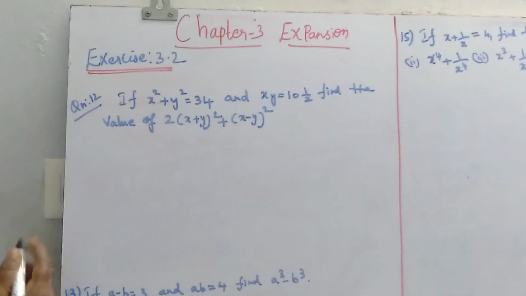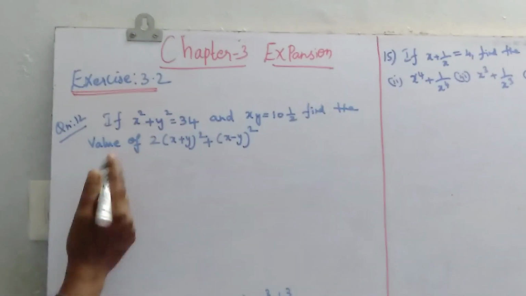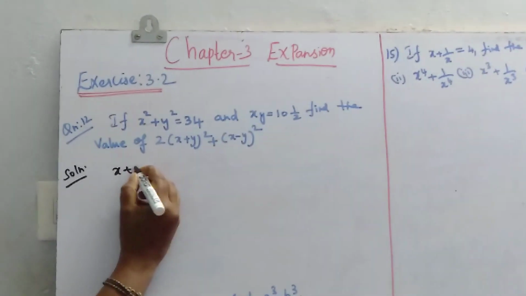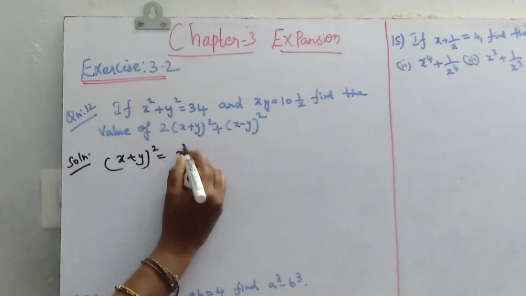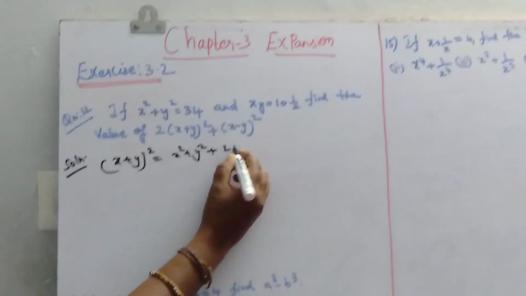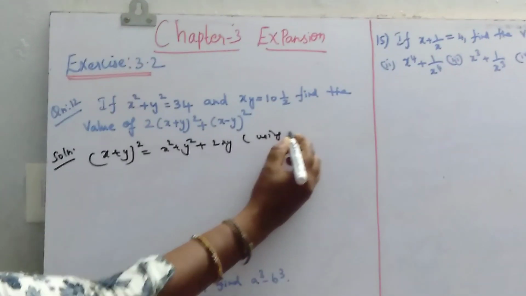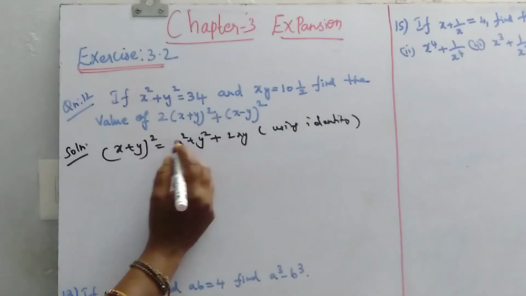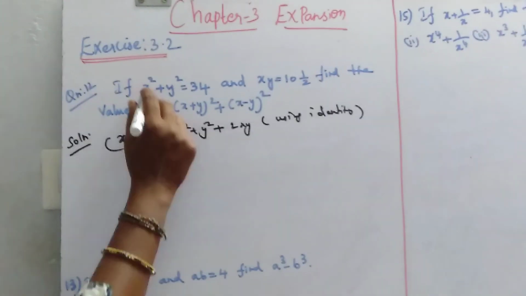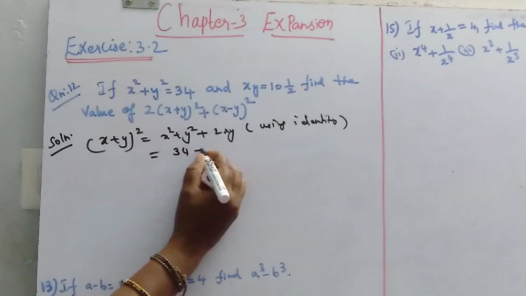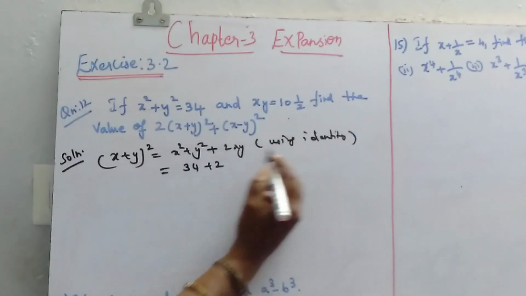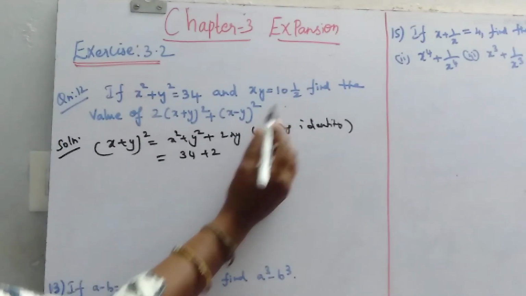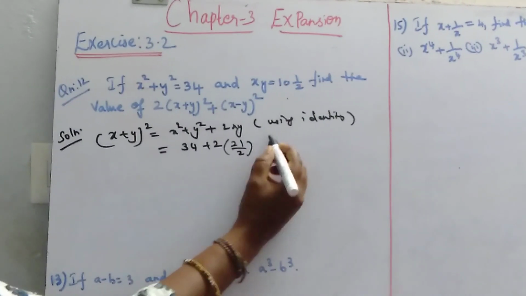Okay, it is very clear that we want to use both the identities for finding this value. Okay, what is the solution here? So x plus y the whole square identity here is x square plus y square plus 2xy, that is using identity, right? So which is what? X plus y the whole square is x square plus y square, it is given that 34, plus 2 into xy here is 10 1 by 2, which is what? 21 by 2.